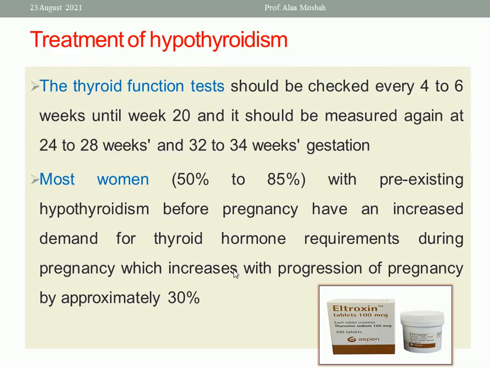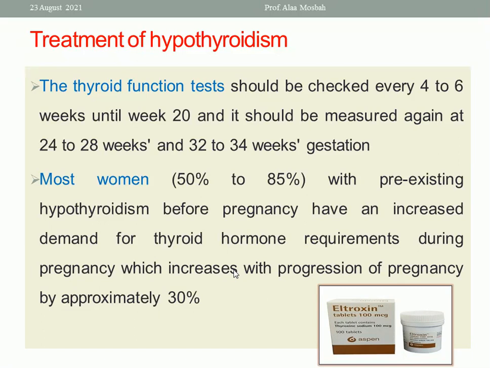Most women, 50 to 85% with pre-existing hypothyroidism before pregnancy, have an increased demand for thyroid hormone during pregnancy, which increases with the progression of pregnancy by approximately 30%. So if you started pregnancy, for example, with 50 microgram per day, later on you may need 100 or 150 with the advancement of pregnancy.